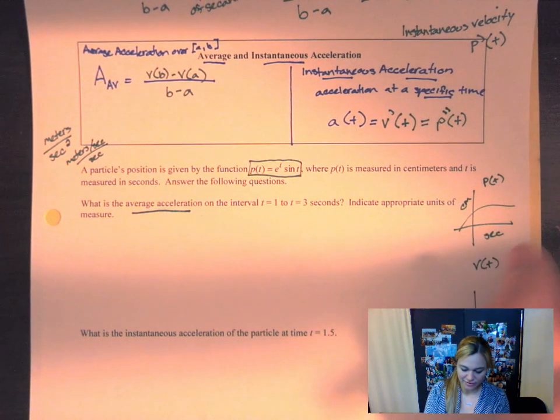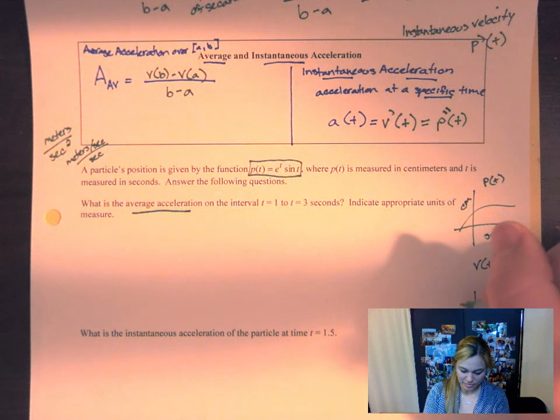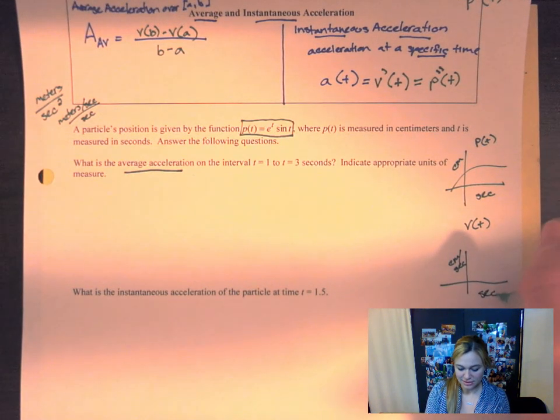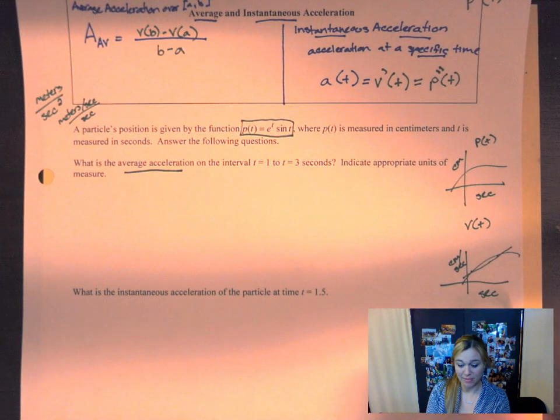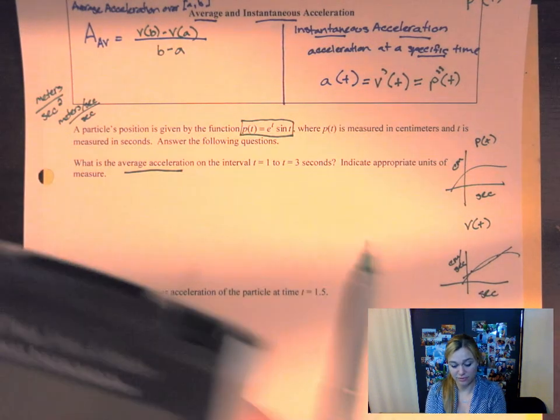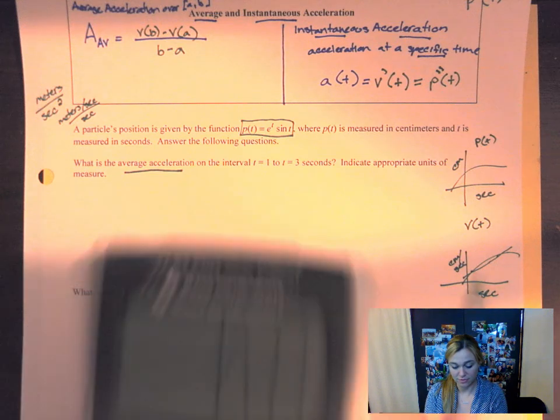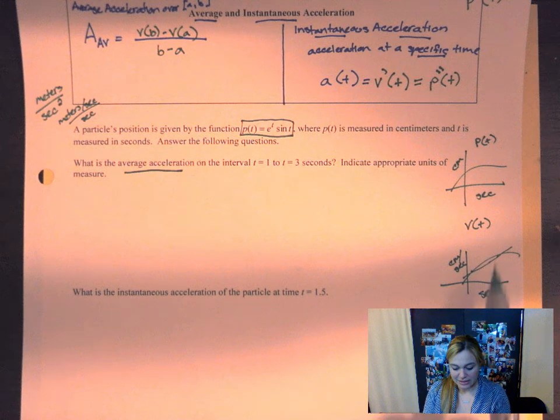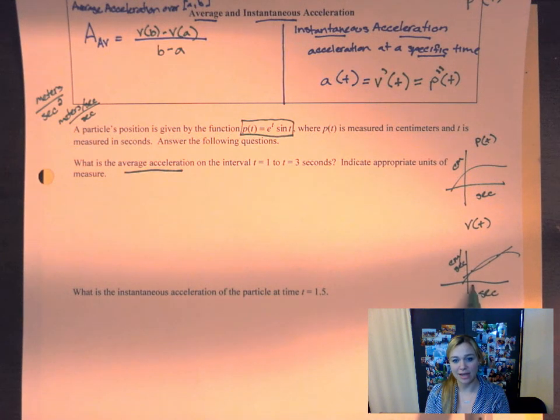If I had a graph of velocity though, this would be centimeters per second on the y-axis. Down here I'd have seconds. If I took the slope of this line, rise over run, I have centimeters per second per second.